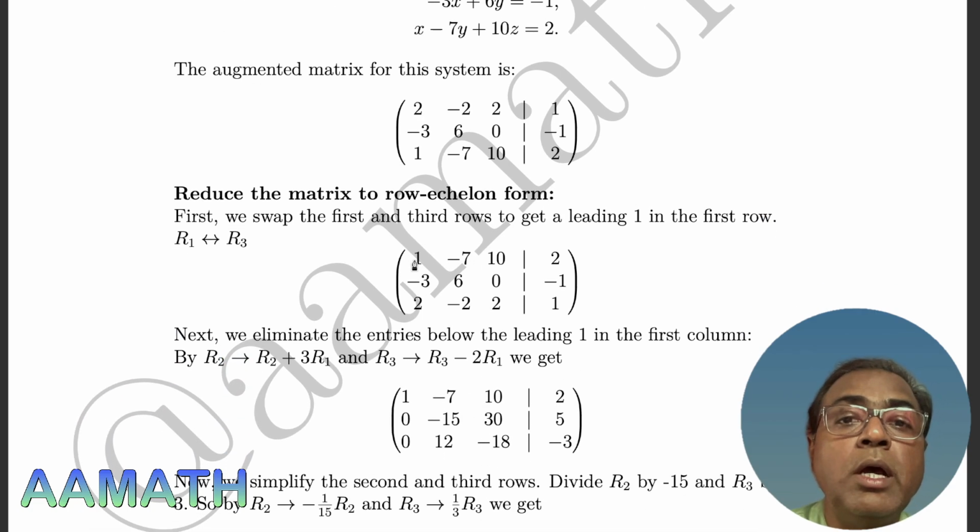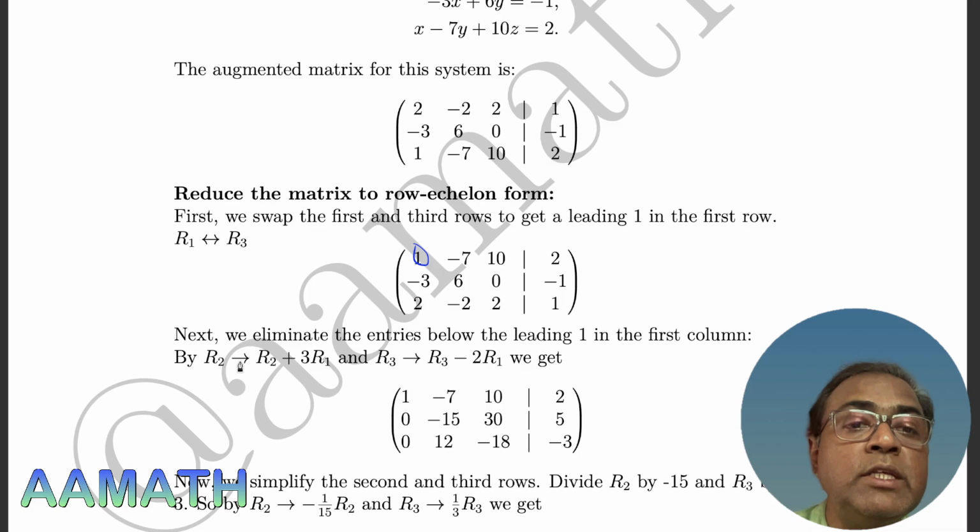So first, for this leading one, we eliminate the entries below the first leading one. So we want 0 in this position, where there is minus 3, and 0 in this position, where there is 2.